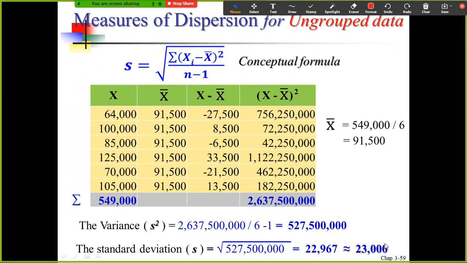What does 23,000 mean? We interpret 23,000 relative to the mean. In our sample data set with 6 students' weekly spending, every student on average spends 91,500 real per week.